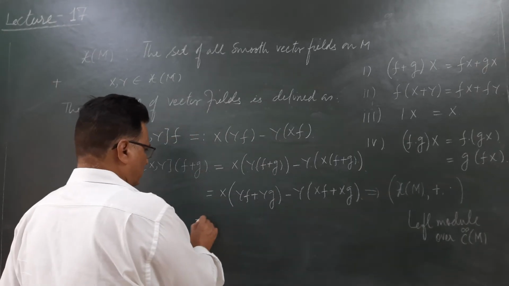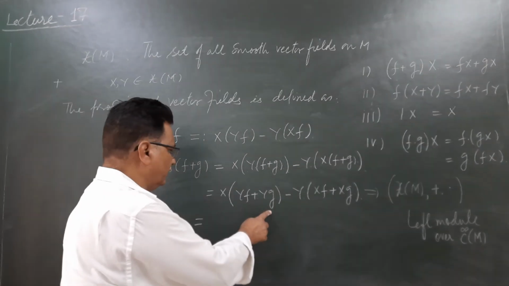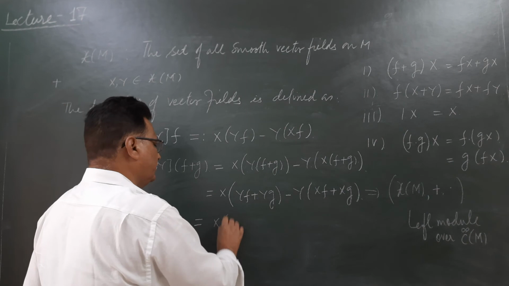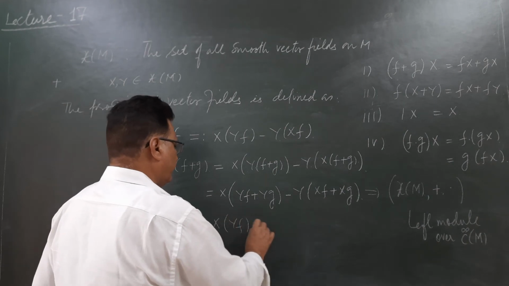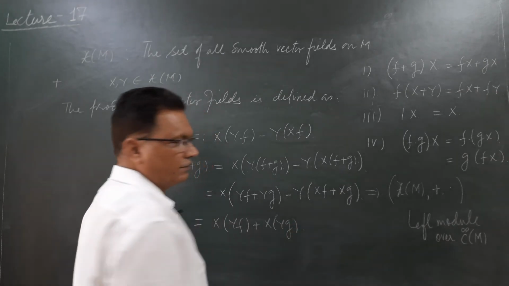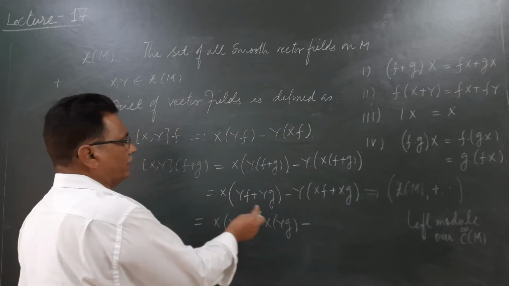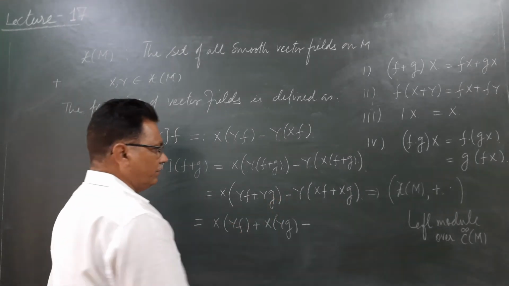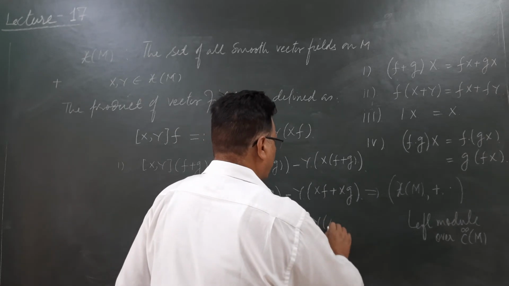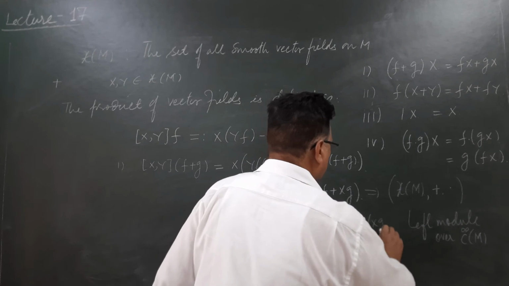and this once again can be simplified. Yf is a function, Yg is a function, X operating on the sum of two functions, so it must be equal to XYf plus XYg. Same thing over here, X operating on the sum of two functions means linear property. Or again here we have the same thing, YXf minus YXg.